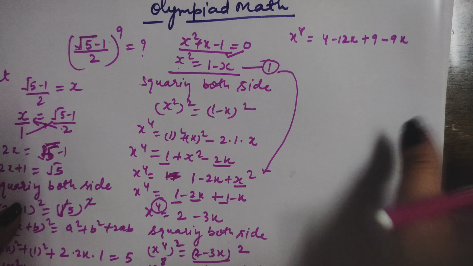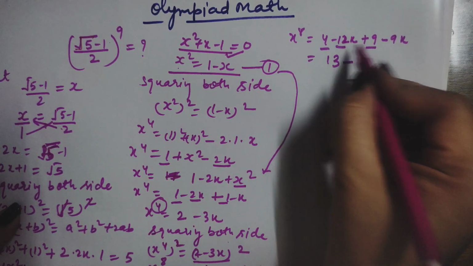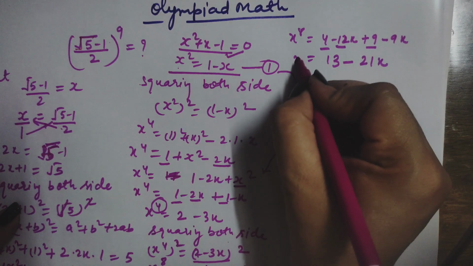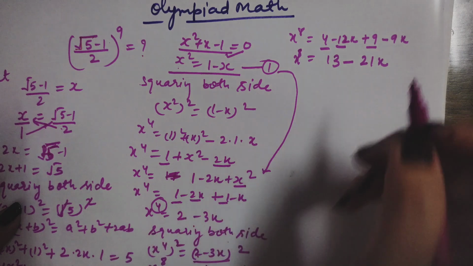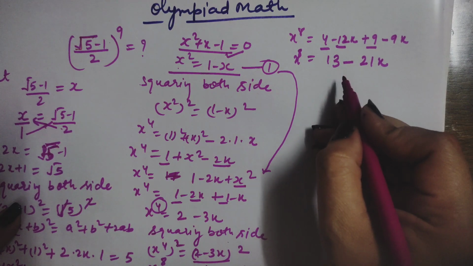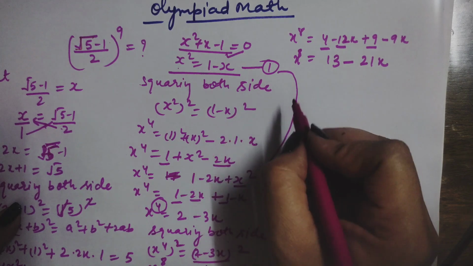Okay, now 4 and 9 is 13, and 12 and 9 is 21, and it is x power 8. Now you can see here the x square value is 1 minus x. So there is 13 minus 21x on the right hand side, and the left hand side is x power 8.